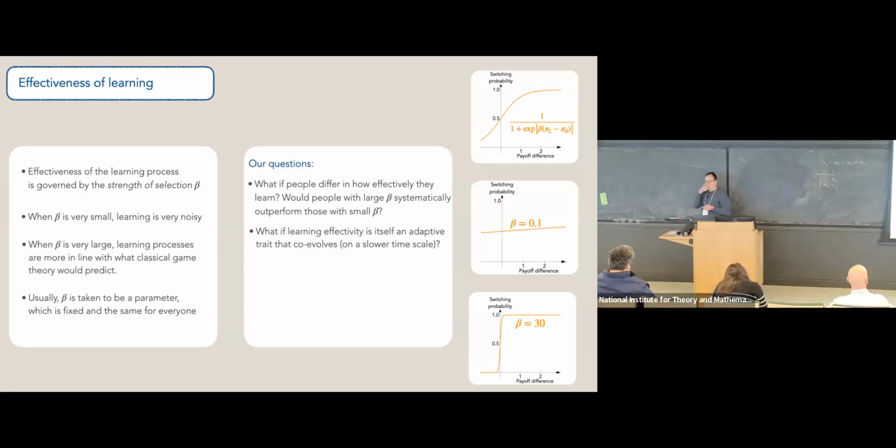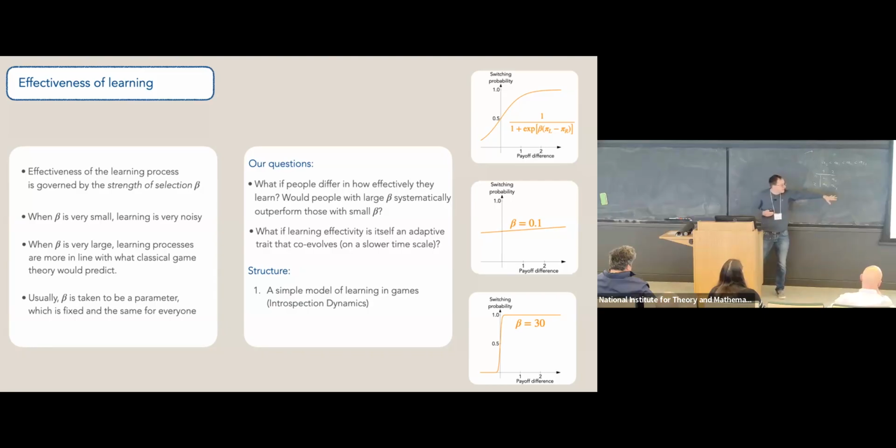The other question is: if this beta itself was allowed to evolve, perhaps on a slower time scale, where would it evolve to? Would it evolve towards weak selection? Would it evolve towards strong selection? To address these questions, let me tell you how the talk looks. First, I need to tell you a little bit about how we model learning.